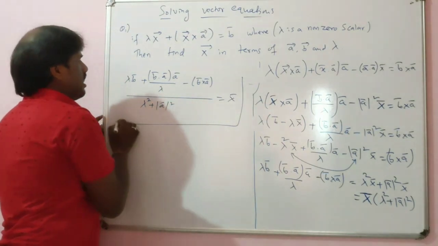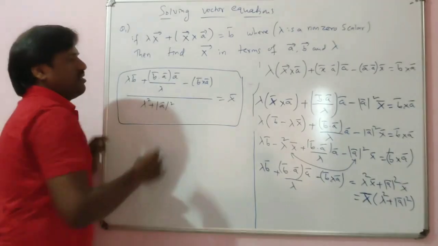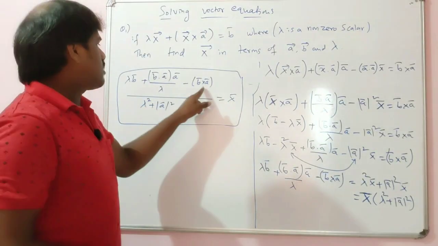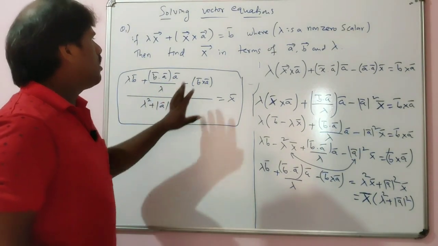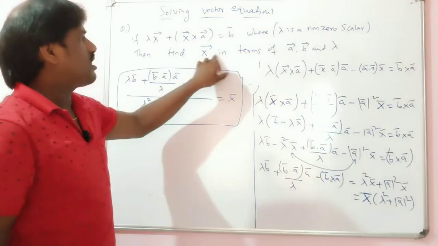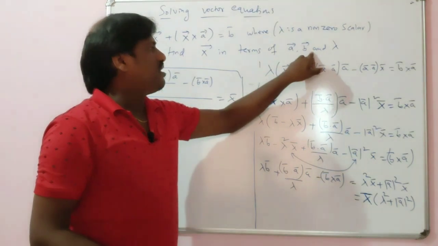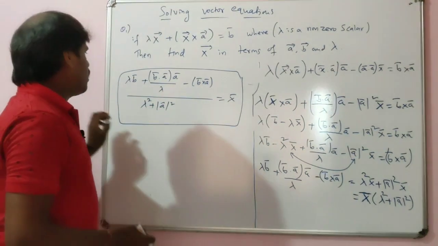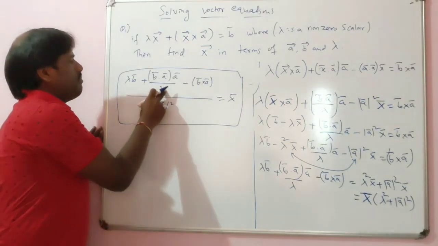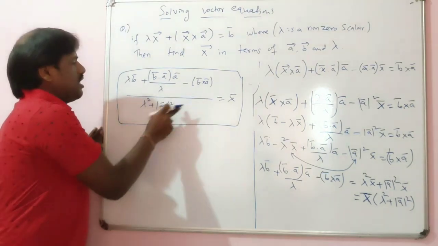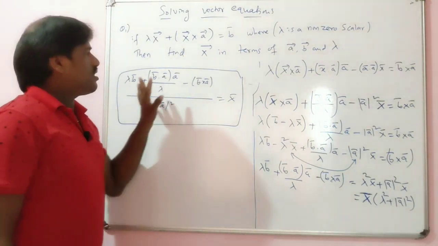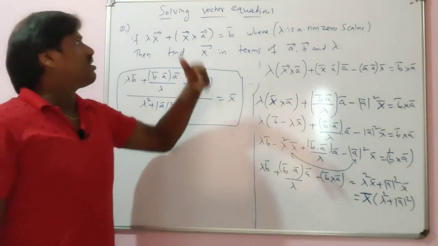This is called as vector equation. Means one vector is expressed in terms of another vectors. He has asked to find x vector in terms of a vector, b vector and lambda. So lambda is there, b is there, a is there, connection is there. So like that, converting this is called as solving the vector equation.